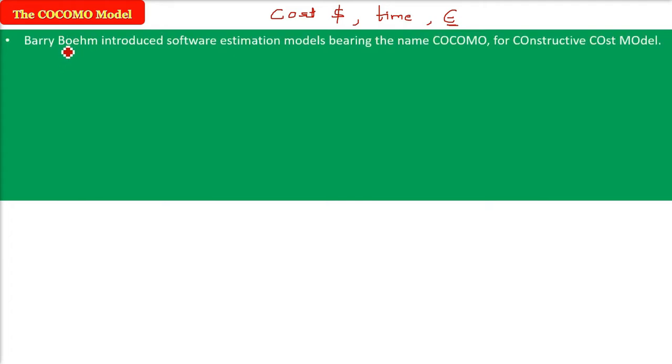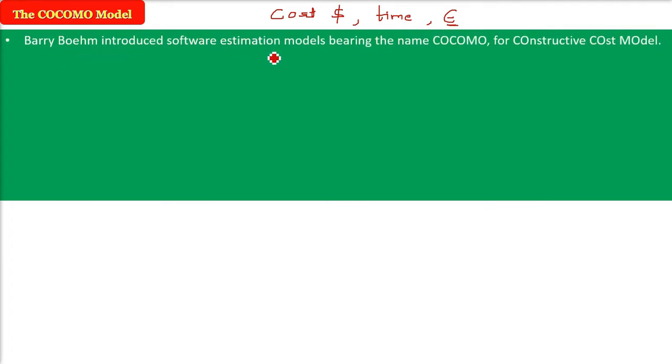The COCOMO model. Now what is this COCOMO? What is this COCOMO model used for? For any project, mainly the software projects we are talking about. It is always before project management or project planning can even start. We need to know how much cost this project is going to take, what time it will take to complete, and how many people, that is the effort, are to be employed.